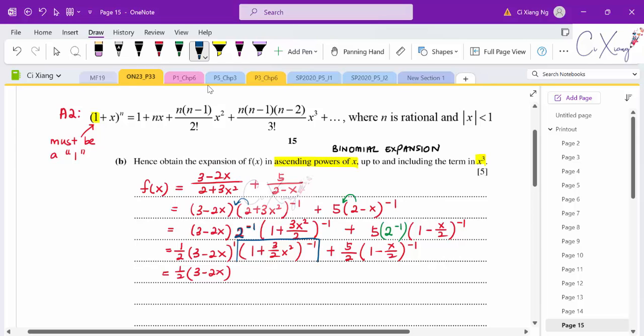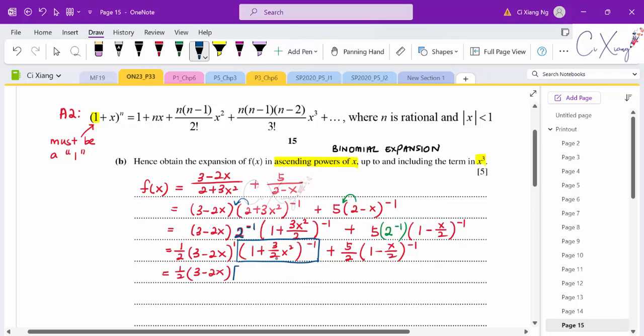To expand this one, what I'm going to do now is try to apply the formula, because the first term already started with 1. For this bracket, my n is negative 1. n is the power, so you can observe that n is negative 1. What is the x in the formula? The formula is having the x, but in my equation here, the x will be replaced by 3 over 2x squared.